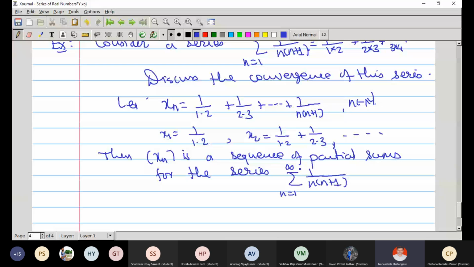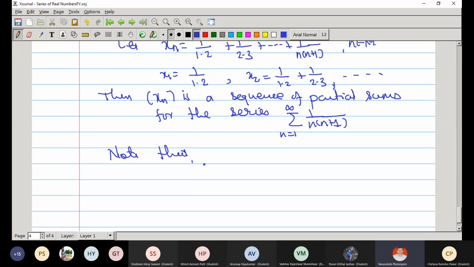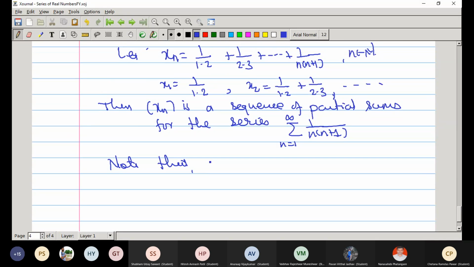You should always worry about what the initial n is. Sometimes you need to start with 0, sometimes with 1, sometimes with 2. It depends on your series. Note that we have already discussed this sequence. 1 upon k into k plus 1, by partial fractions, is 1 by k minus 1 by k plus 1. Is it true?